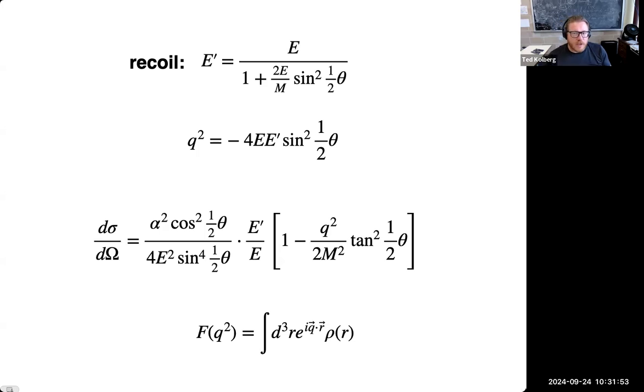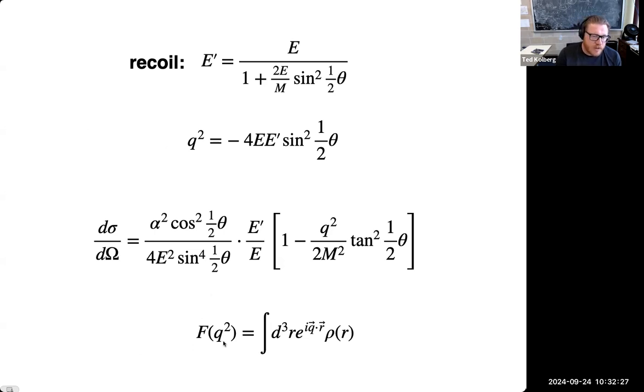Well, all of the results on the previous couple of slides are for the case of a point-like target. But as we said, the whole idea that we're trying to test in these experiments is the hypothesis that the target is actually not point-like, but rather has some kind of spatial extent, and maybe even there are individual particles or something bound up in there. So what we would like to do is define a function which describes the spatial extent of the charge in the target. This is a so-called form factor.